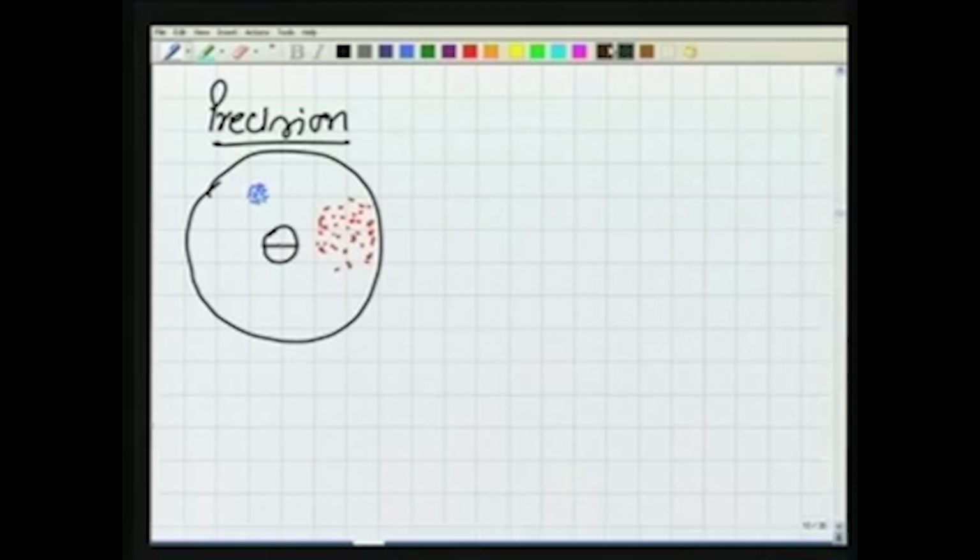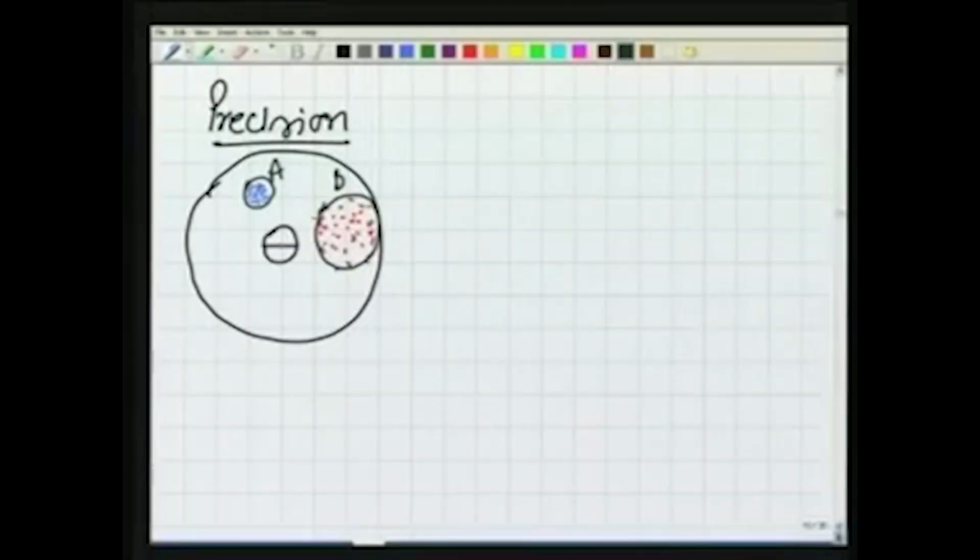But if you look at these two, you will appreciate person A for his very precise firing compared to person B. Just by looking at this diagram, you are able to say person A is a better fireman than person B. Now how?